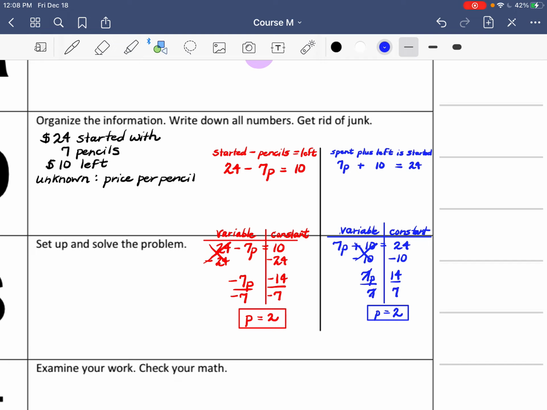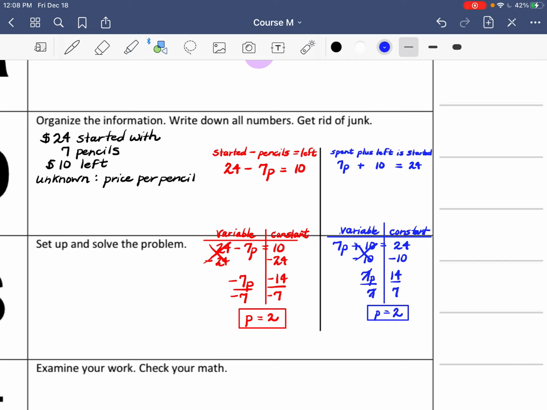So that is 7 times 2, that's $14, plus the 10 that she had left. And sure enough, that checks out to be $24. So I know that my math is right. I know that that 2 is in fact the correct solution.